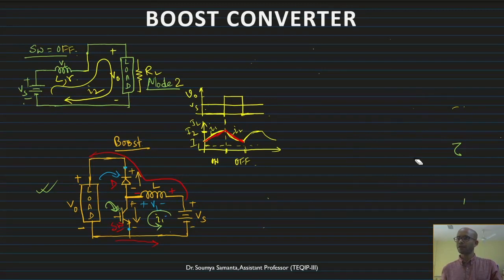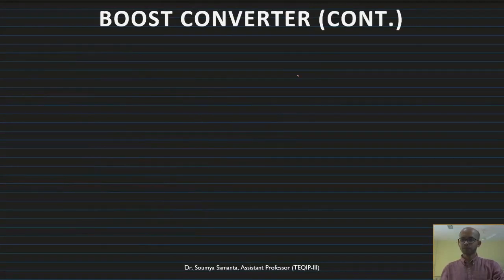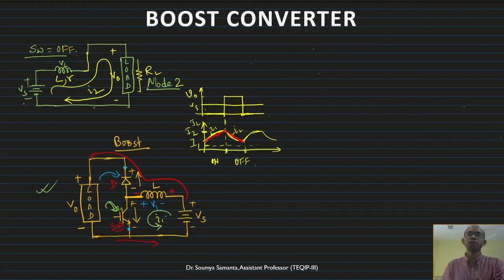Let me clean the portion, then I'll start explaining. Okay, so this is the circuit for mode 2. Here let us modify it a little bit. Let us consider that there is a capacitor connected.